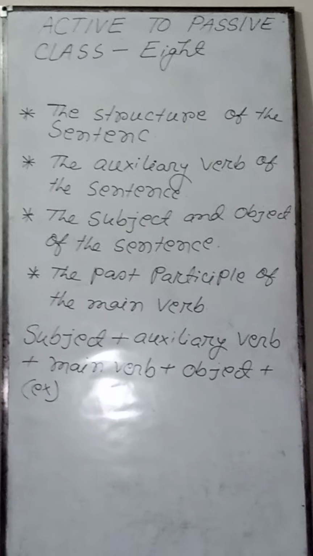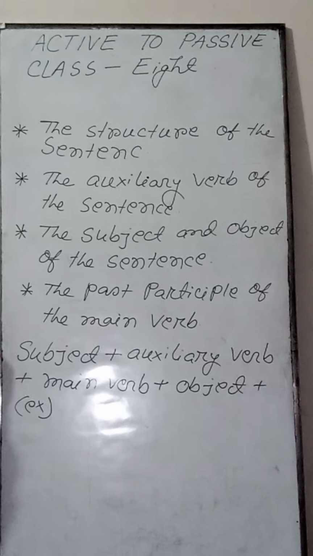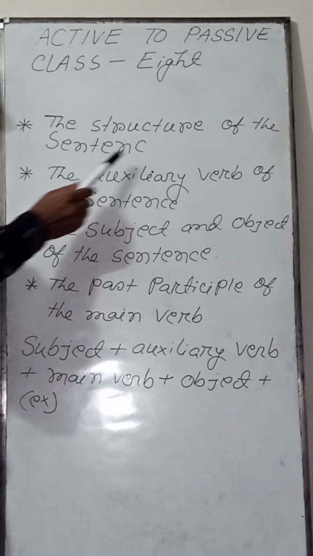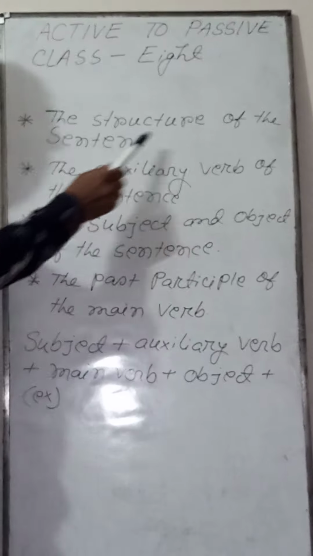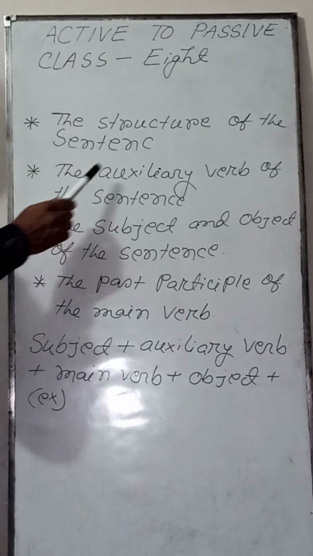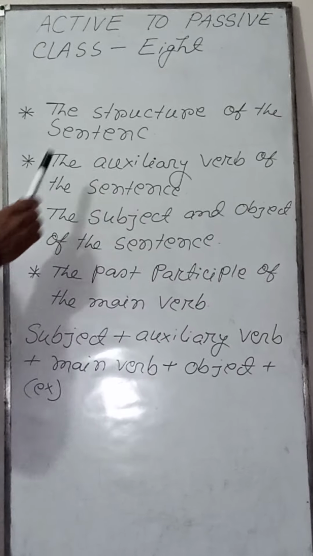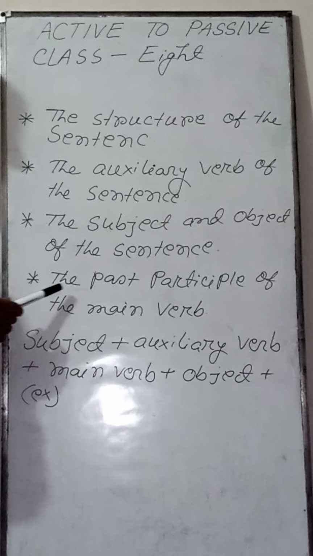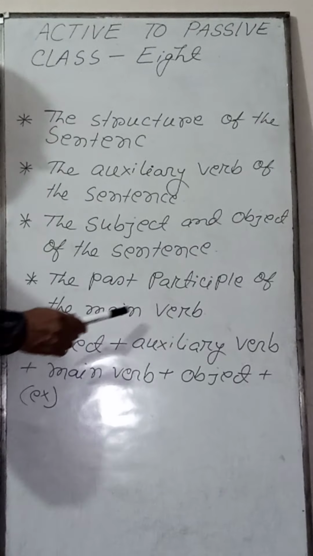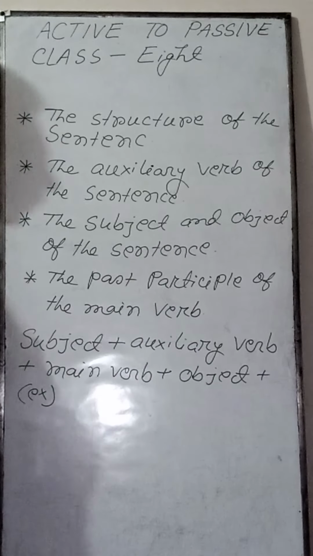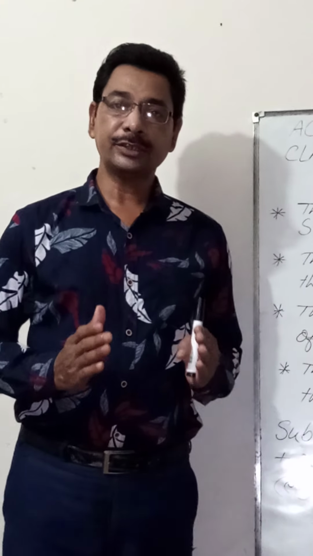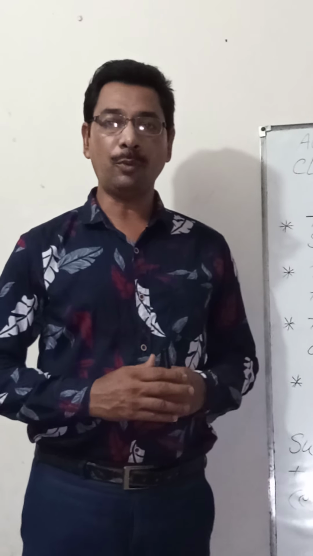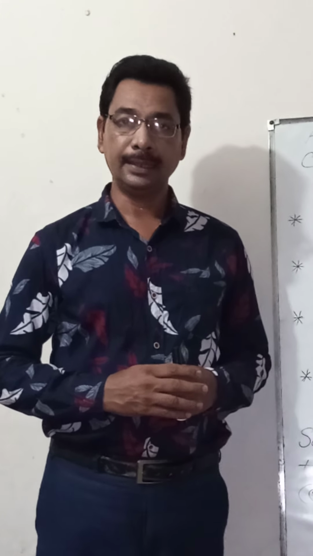First, before changing a sentence from active to passive, we have to know the structure of a sentence. The auxiliary verb of the sentence, the subject and object of the sentence, the past participle of the main verb. These points are very important for every student.